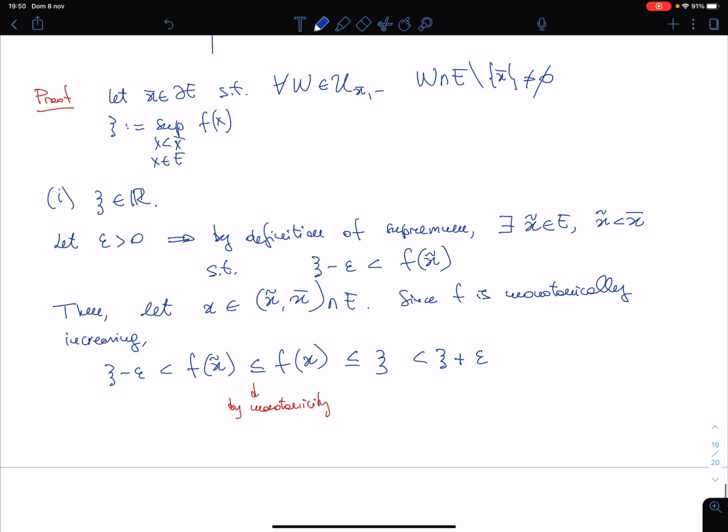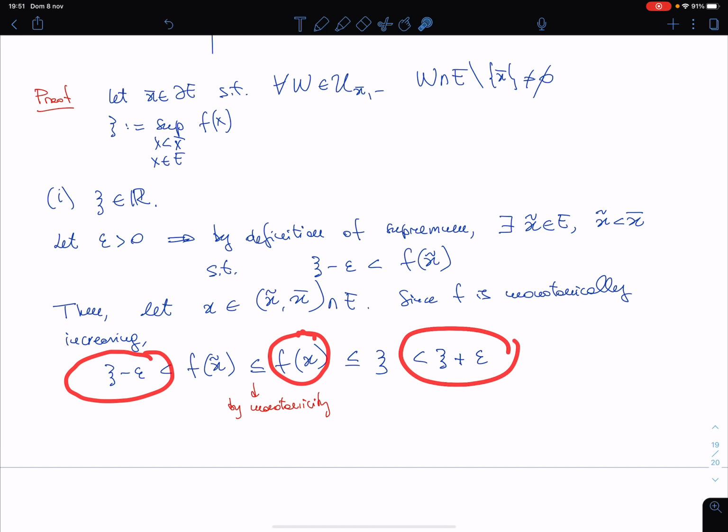So we found that for every epsilon larger than 0, there exists a left neighborhood of x bar such that all points in the left neighborhood and in the domain have an image that fulfills psi minus epsilon less than f of x less than psi plus epsilon.